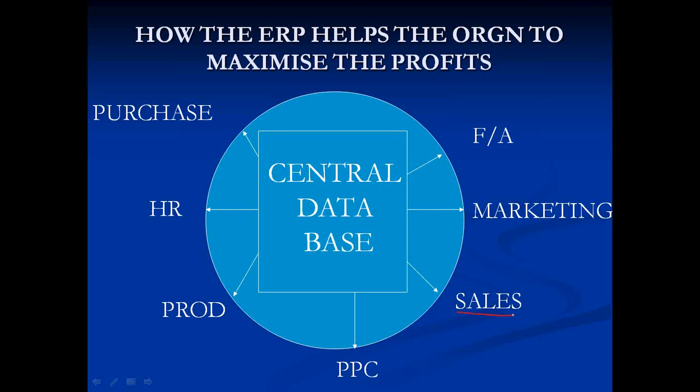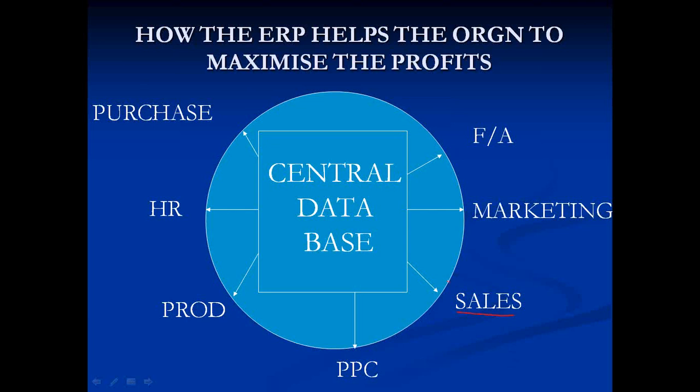How is that information readily made available? Whenever the salesperson gets the order from the customer, he prepares one document, which is called a sales order. The sales order contains information like the name of the customer, his address, then product particulars, quality particulars, price, then quantity, and also the expected date of delivery required by the customer.